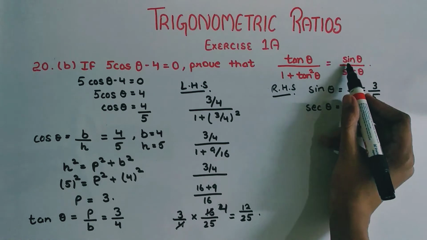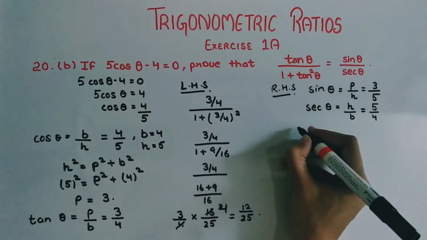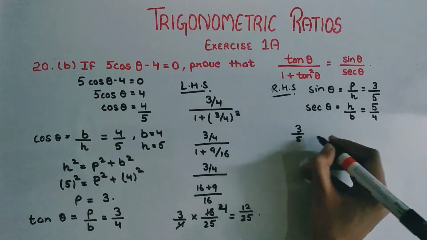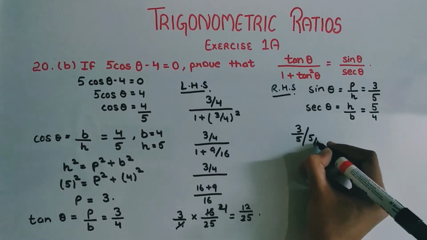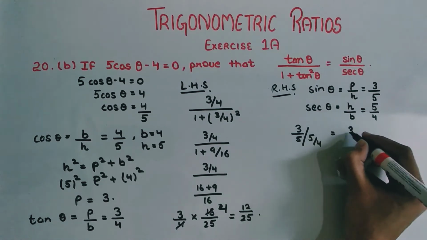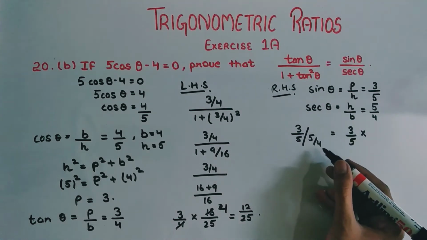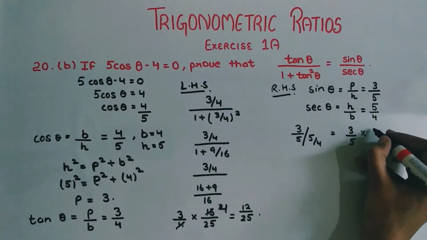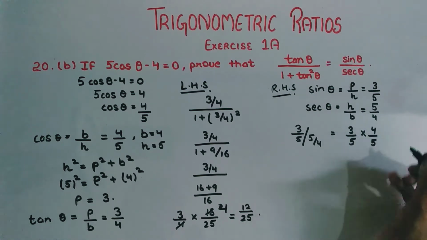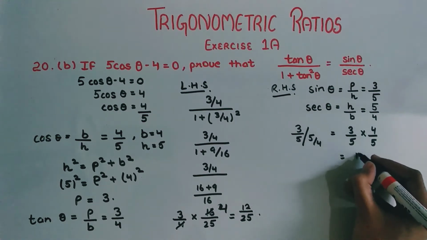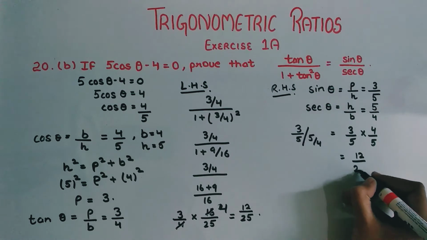Now we have the right side, that is sin theta divided by secant theta, that means 3 by 5 divided by 5 by 4, that is 3 by 5 multiplied by, when we write this in multiplication, this will get reciprocal, that means 4 divided by 5. 4 3s are 12, 5 5s are 25.